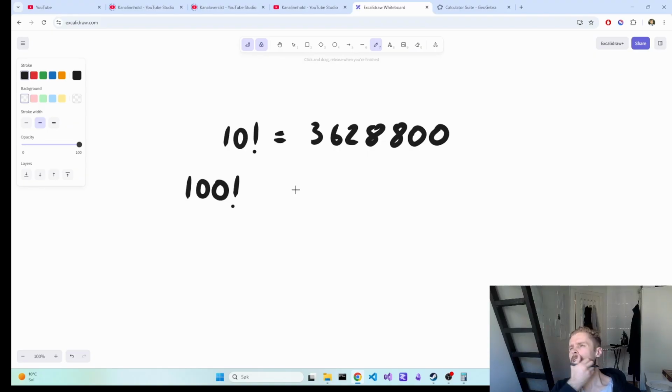And even if I can't figure it out, does that mean it's gonna end in zeros? Every single one of these is gonna have a 10 in them.